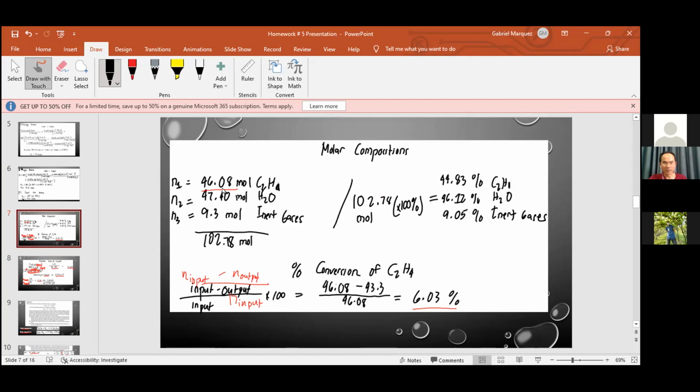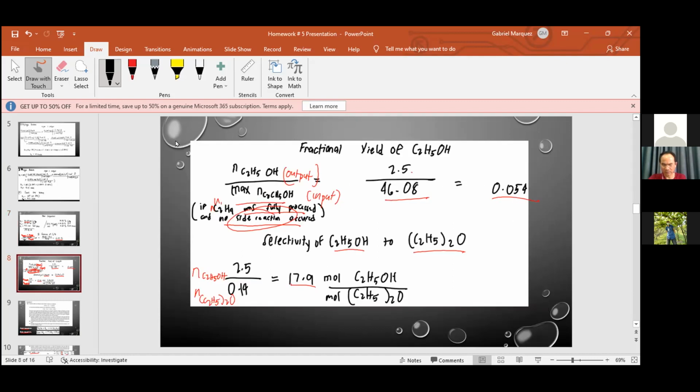I think this is where I get the value, but this is theoretical. This is if there is no side reaction occurred. So to get the maximum, okay. What is the unit of 46.08? Moles of what?